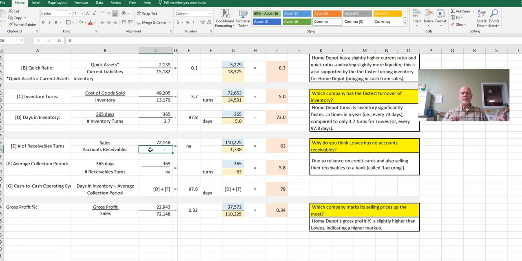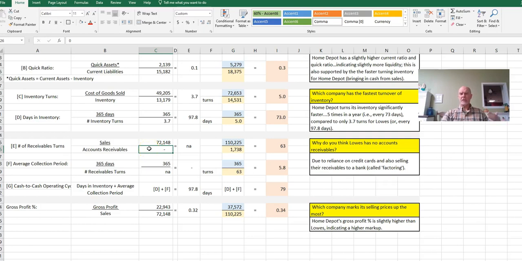Also, both Lowe's and Home Depot have commercial customers, but Lowe's has an agreement. Looking at their financial statements in the footnotes, you can see that they have an agreement with the bank where they are selling their receivables to the bank. So that's called factoring.